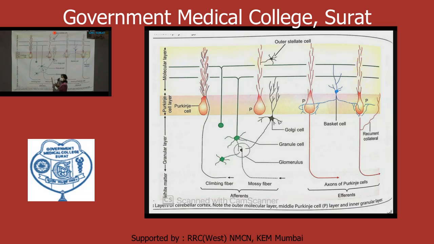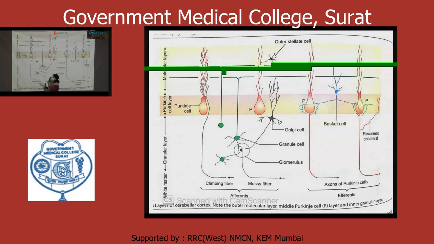Okay. Now, the climbing fibers. What is the advantage of these complex spikes, or the strong prolonged action potentials?